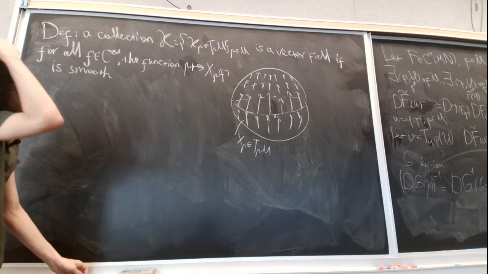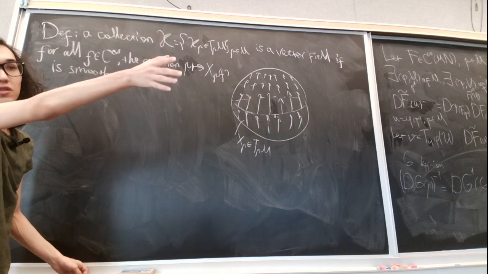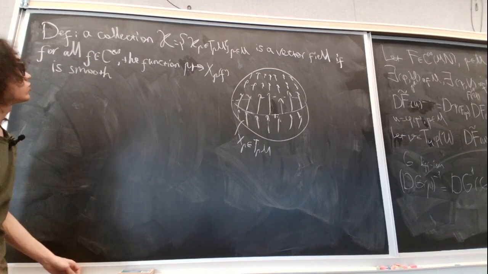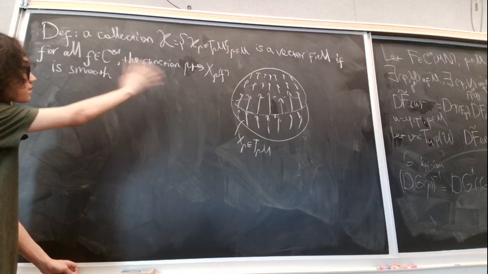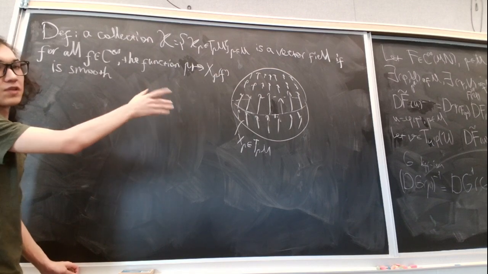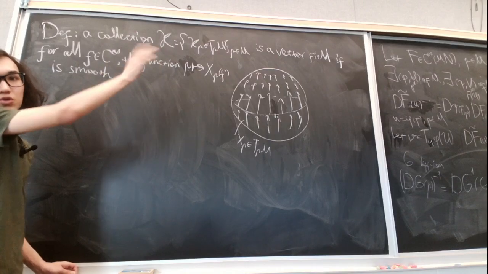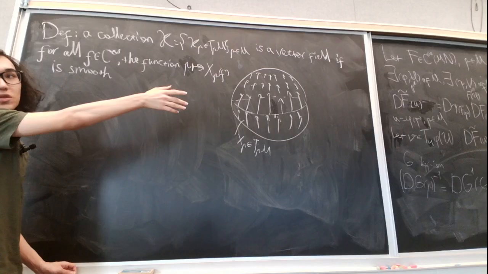So we have this collection of tangent vectors at every point, and we want them to play nice in some sense. The way we do that is by requiring that for every function, the derivative of that function at a point with respect to the direction of the tangent vector is a smooth function.